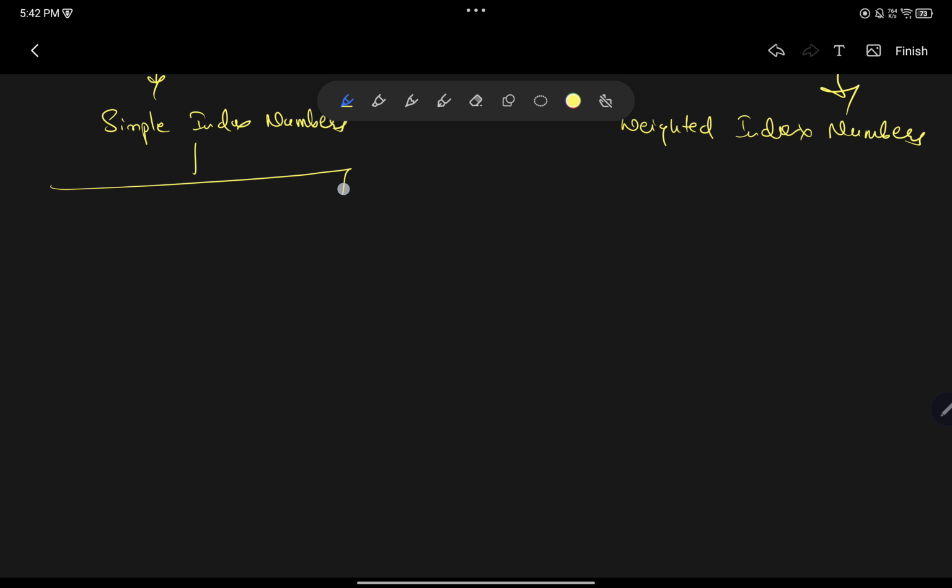Simple index numbers are again segregated as simple aggregative index numbers and simple relative index numbers.